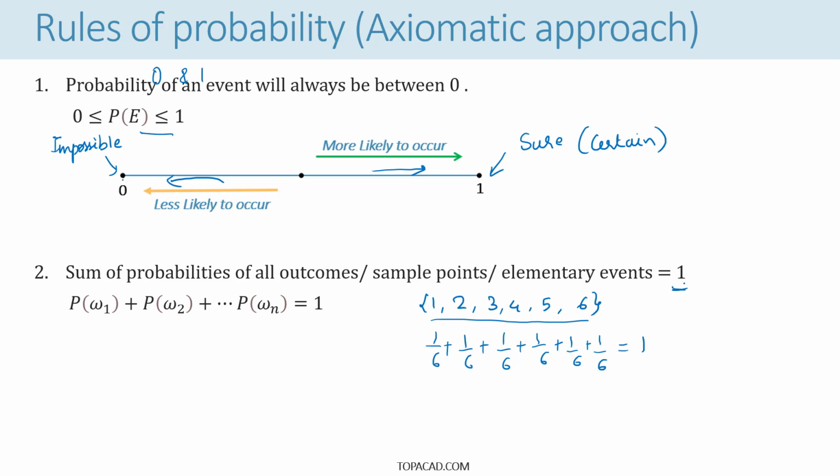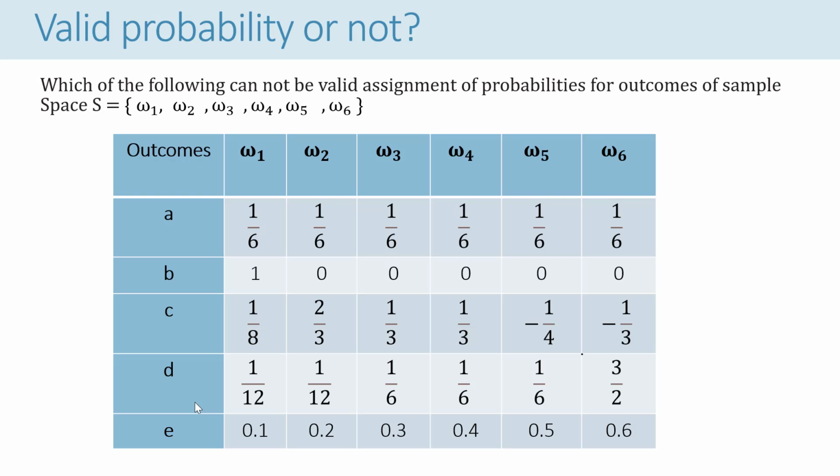Let's see a few examples and apply the rules of probability. Which of the following cannot be a valid assignment of probabilities for outcomes of a sample space? Here, each sample space has 6 outcomes, and we have to figure out whether the probabilities assigned to the outcomes are valid or not. Let's look at the first problem. All of the outcomes have a probability of 1 by 6.